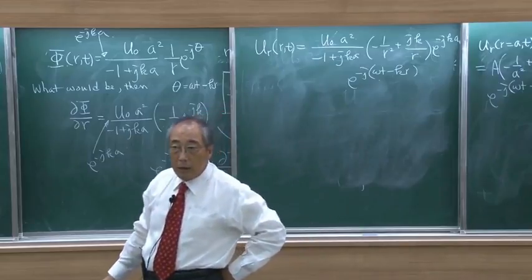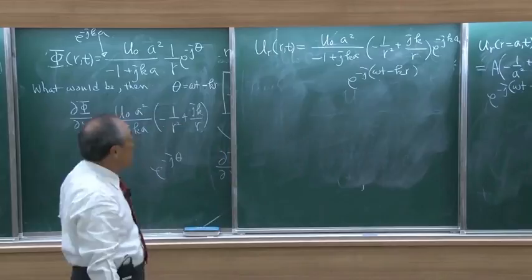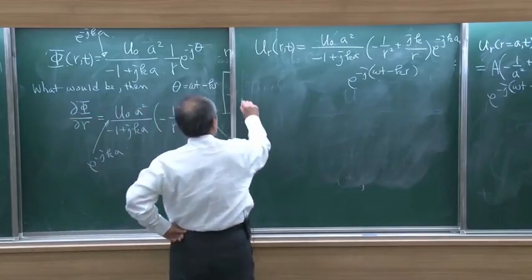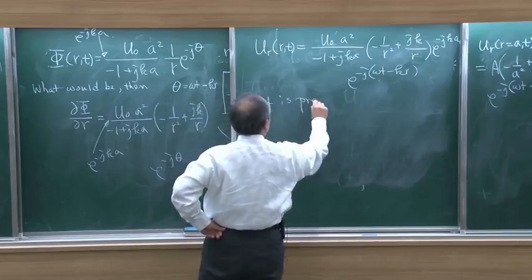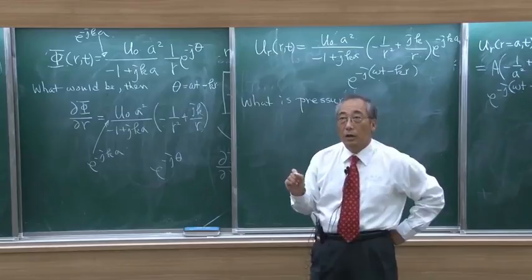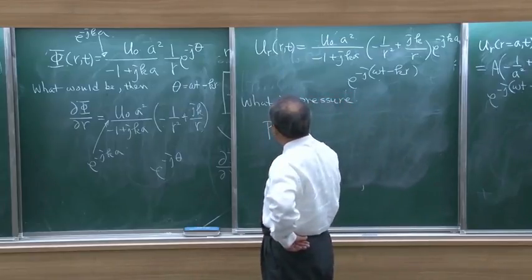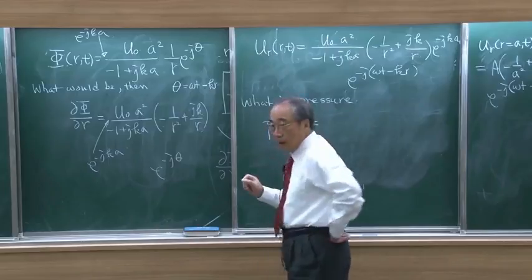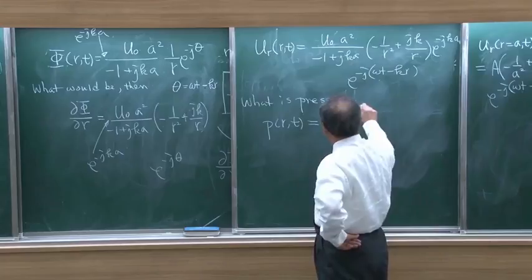Okay, is it correct? Okay, now, what is then pressure? Pressure at point r with respect to time is equal to minus rho 0 dphi dt.